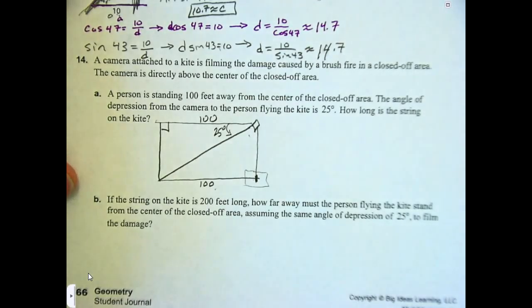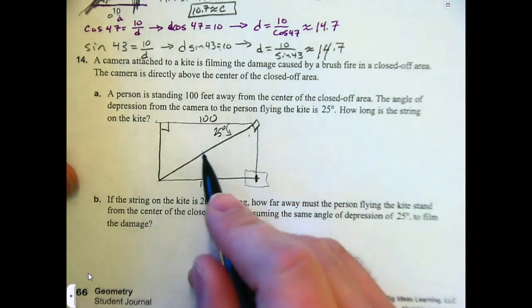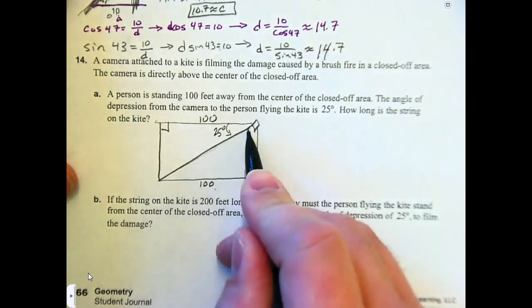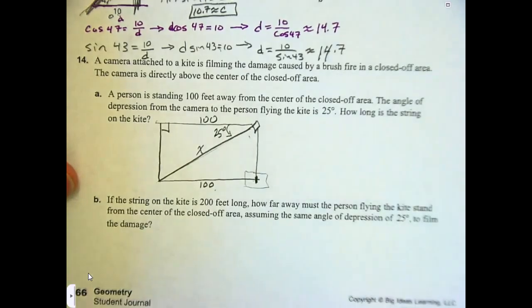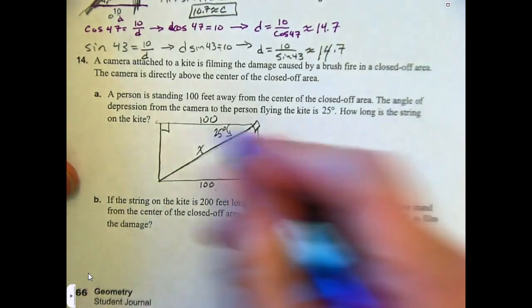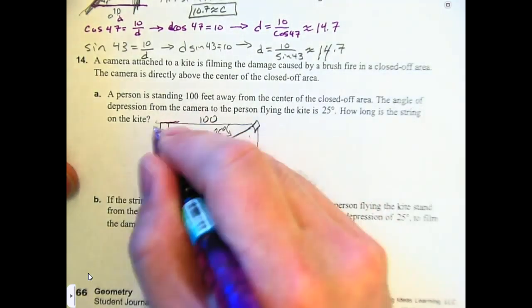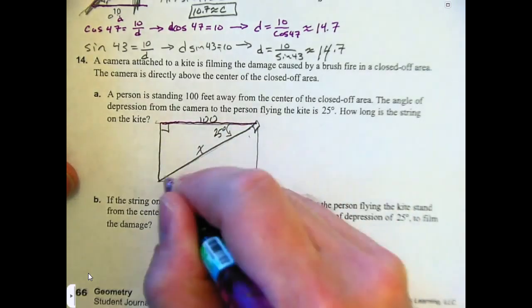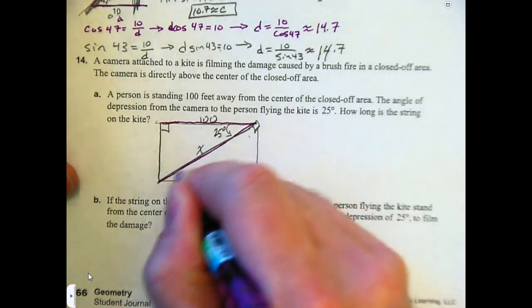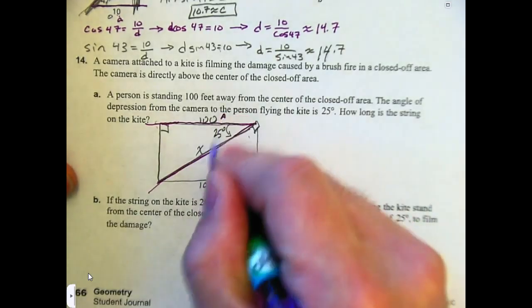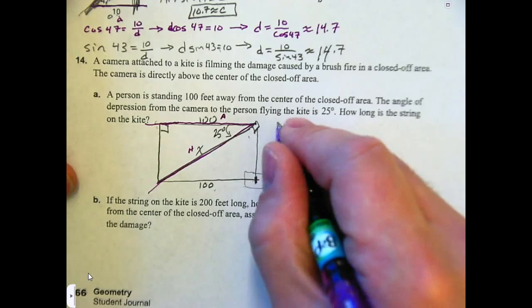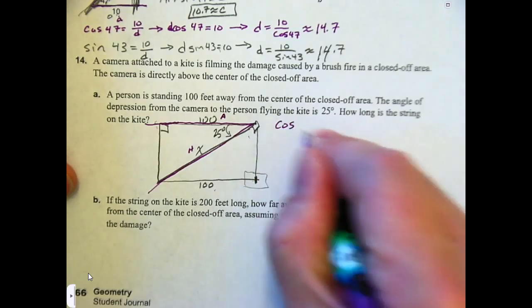How long is the string? Well, we're looking for this length right here, so that would be x. It's important that we note that because if I'm calculating this, given this angle, note that that would be adjacent and hypotenuse, which is cosine.